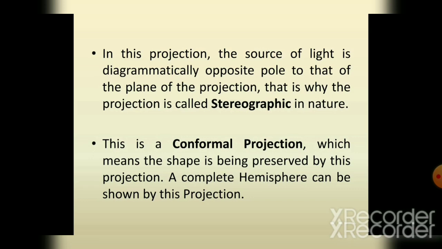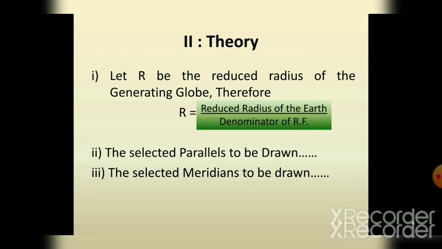As you know, all the meridians intersect all the parallels of latitude in this projection at right angles, therefore the shape is preserved. So here comes the end of the principle of why this particular projection is named equatorial azimuthal stereographic projection. Next comes the theory.